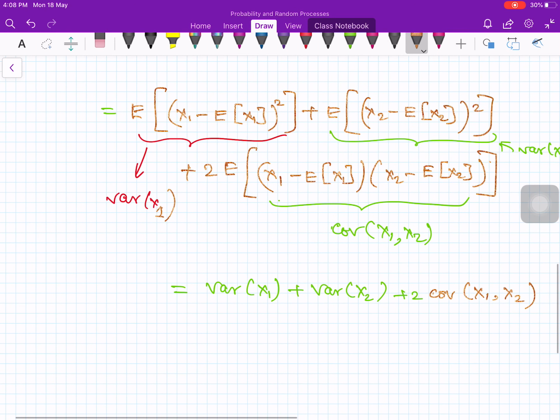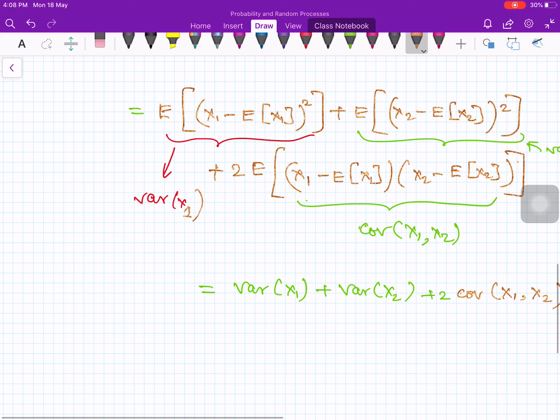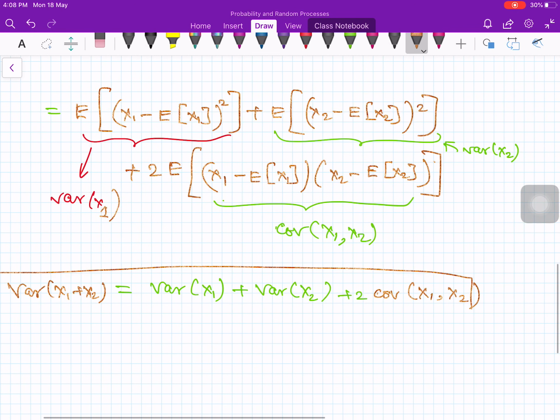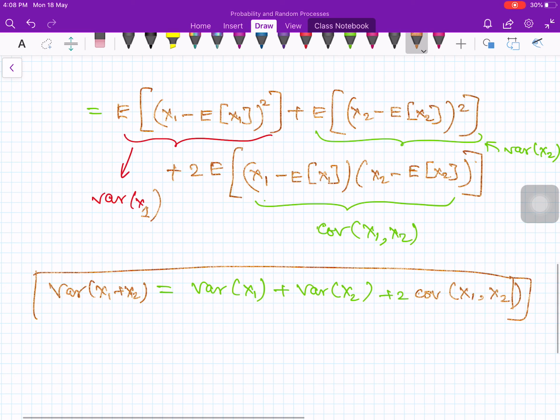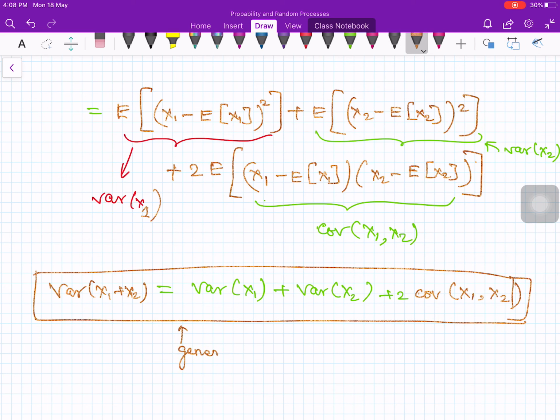Now this is a general formula for the variance of the sum of two random variables. On the left hand side you have variance of x1 plus x2.